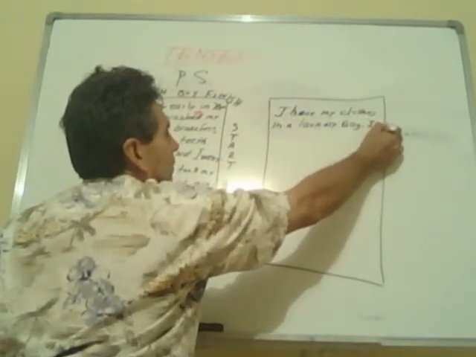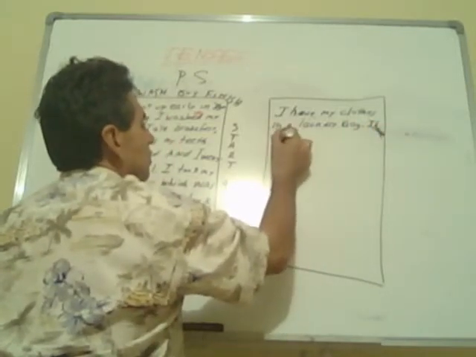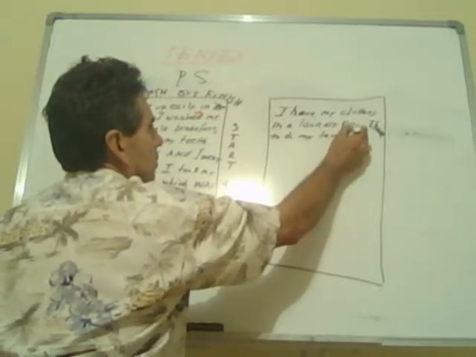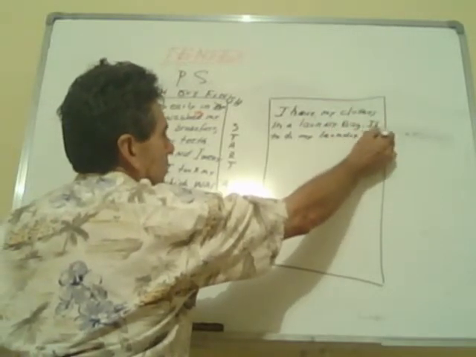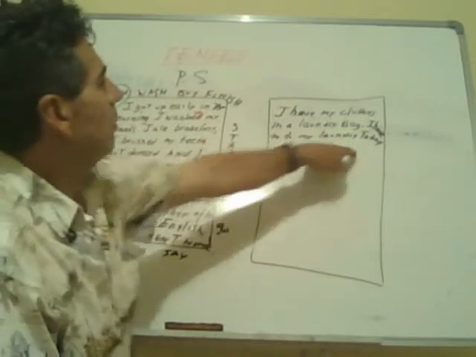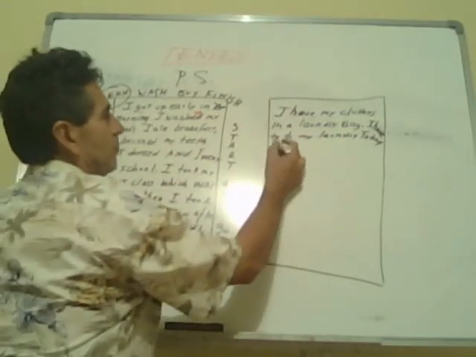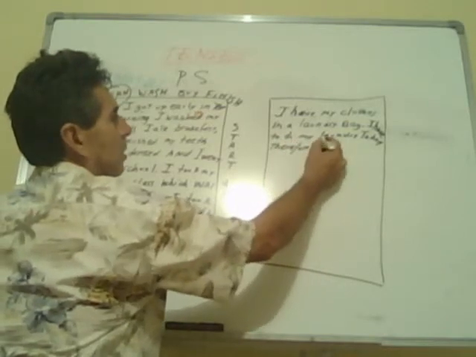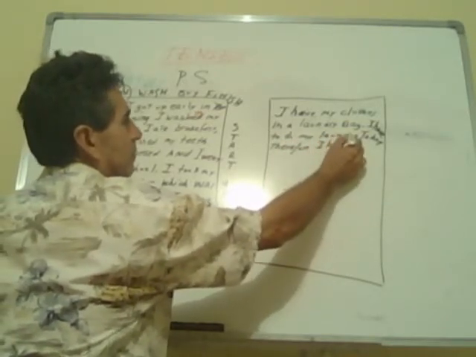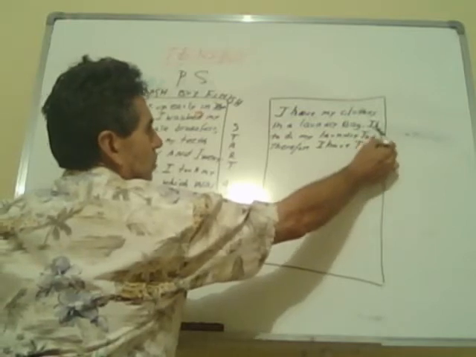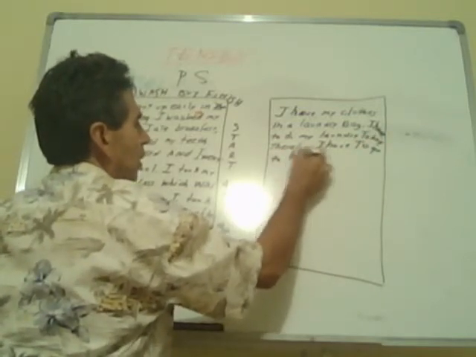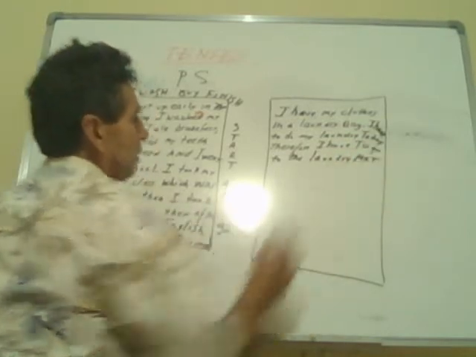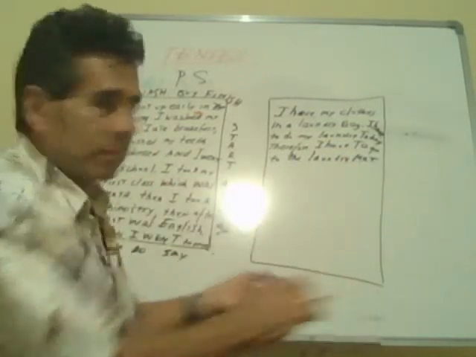I have to do my laundry today. See, I have to do my laundry today. Therefore, I have to go to the laundromat. The laundromat is where you wash your clothes, right?